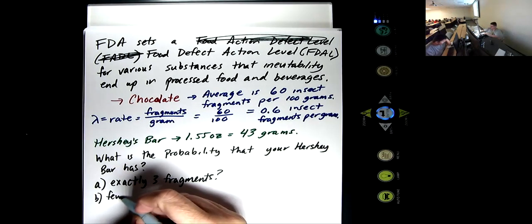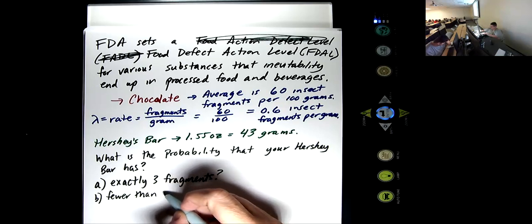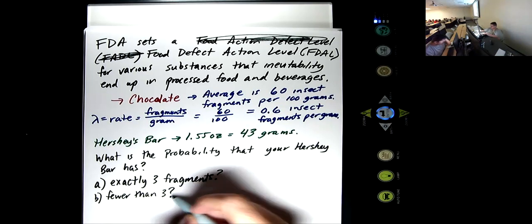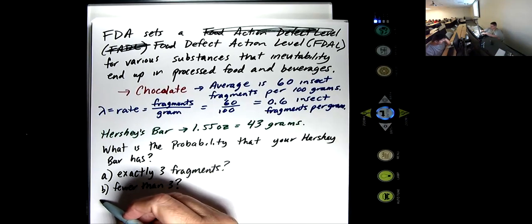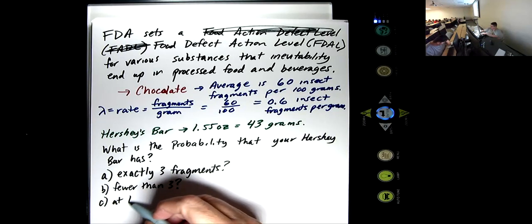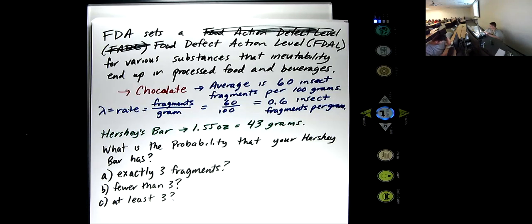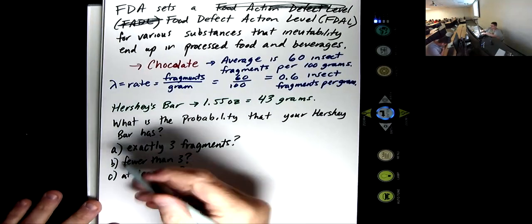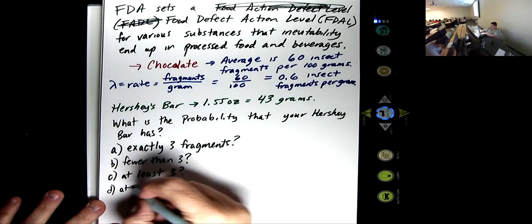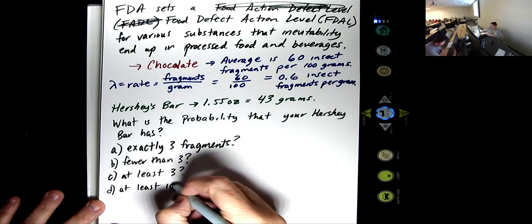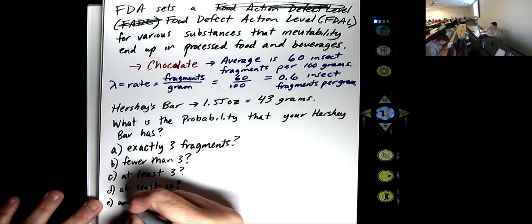B, fewer than 3. C, at least 3. Let's kick it up. Let's add some more. Let's do at least 10, at least 20, at least 30.